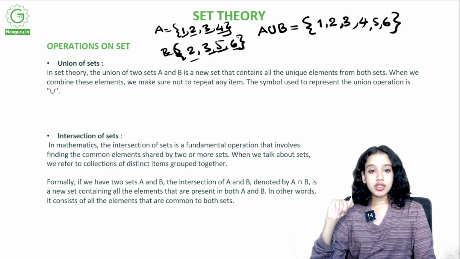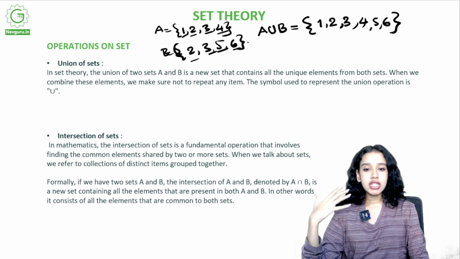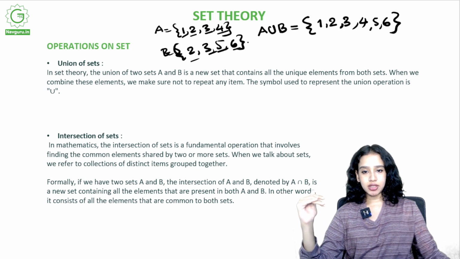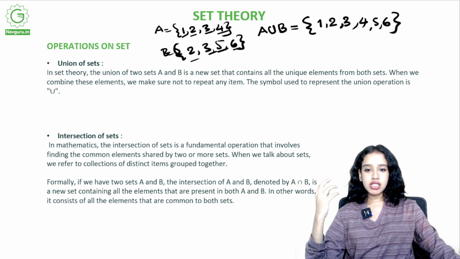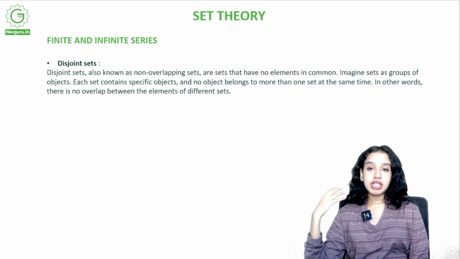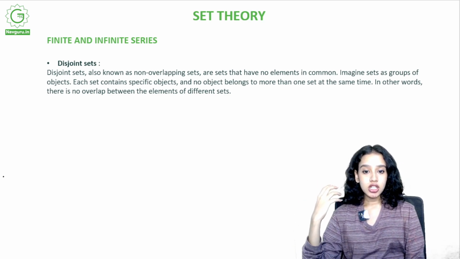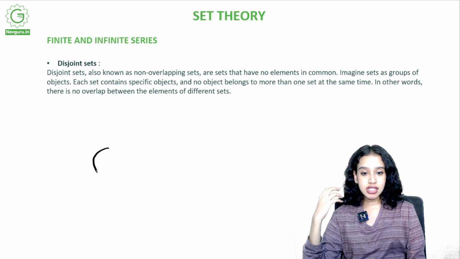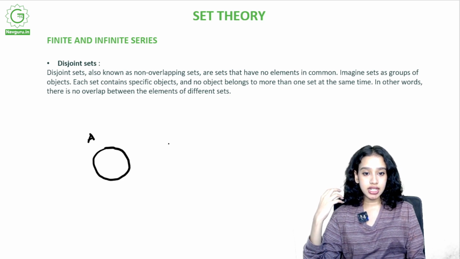Now, there is this concept called the Venn diagram. The Venn diagram is not in the syllabus, but it's very necessary to know to study intersection and union. So let's say this circle contains everything in A. This is the set containing A and this is set B, right?